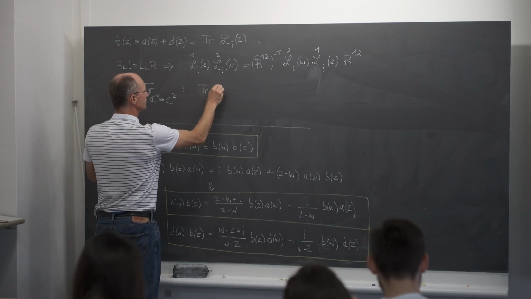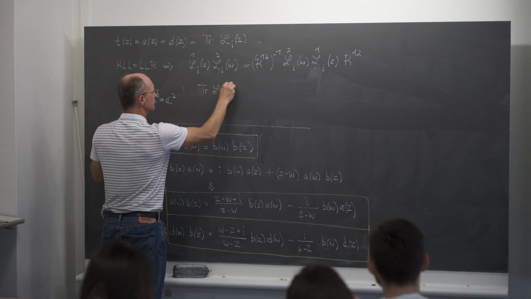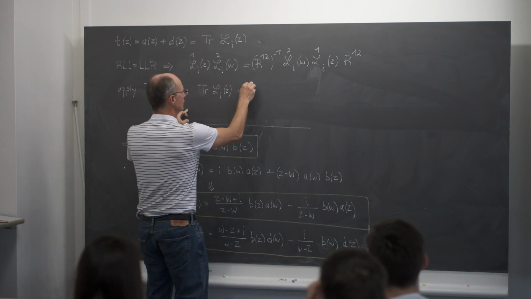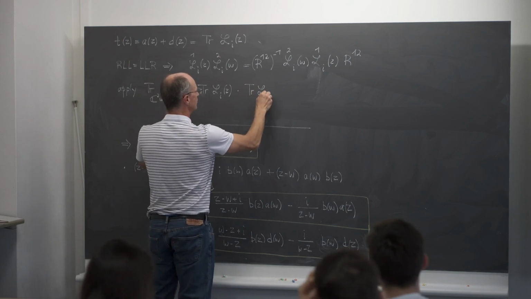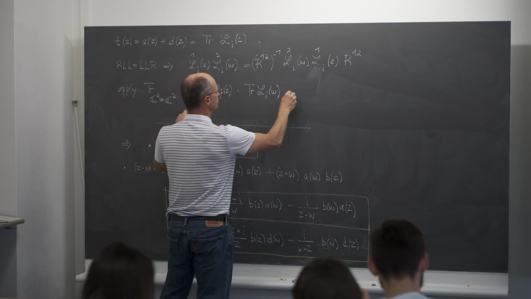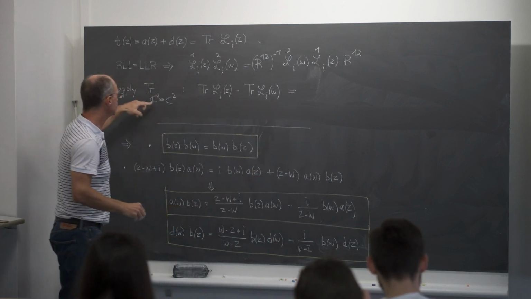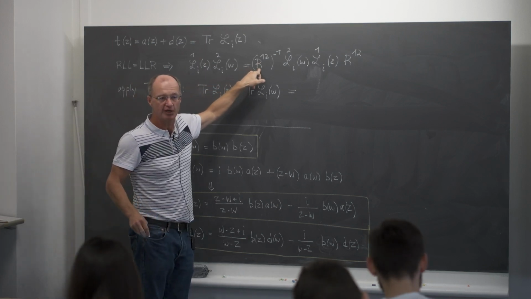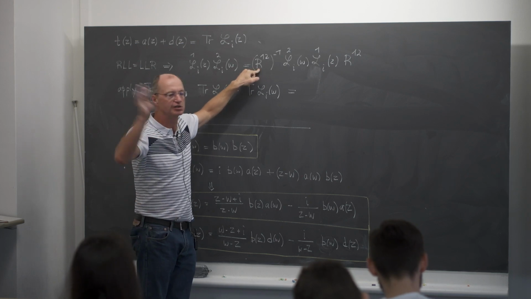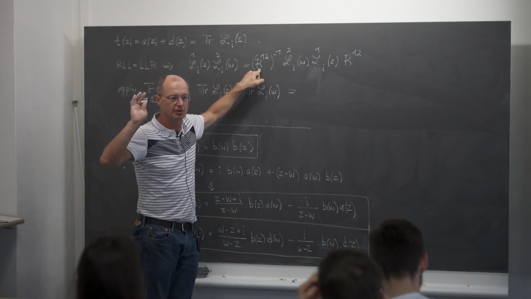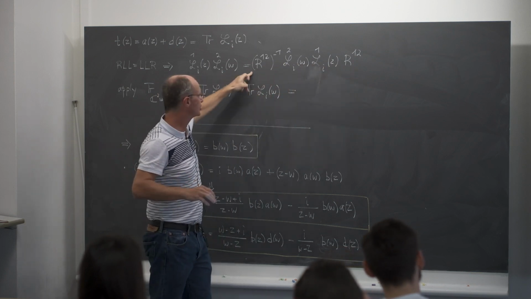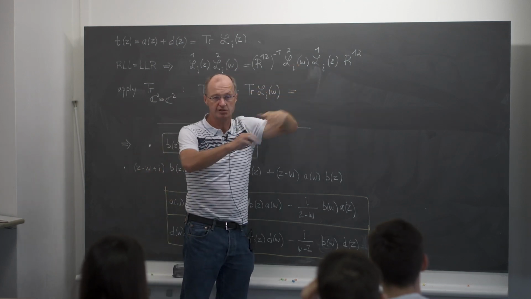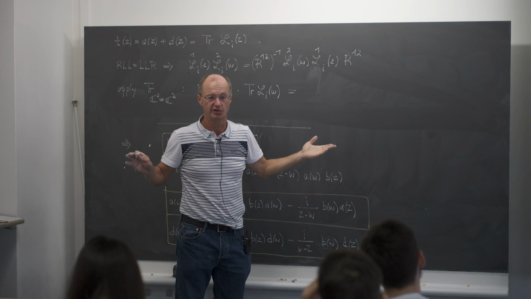You obtain trace L of Z. Now when you apply it to this guy, you get a trace of L of W. Now you take a trace in this four-dimensional space, and notice that the R matrix only lives there. It doesn't do anything to H. So this means that you can use this cyclic property of the trace. And this means that under the trace, these two factors will simply disappear, right?